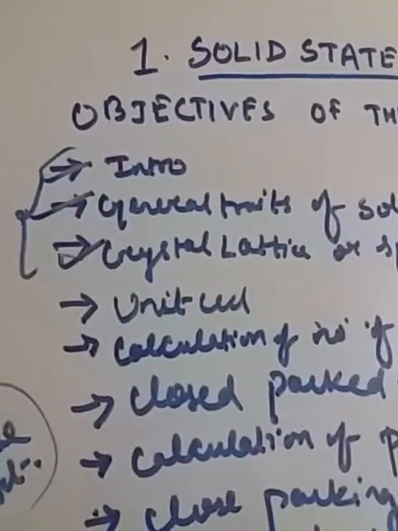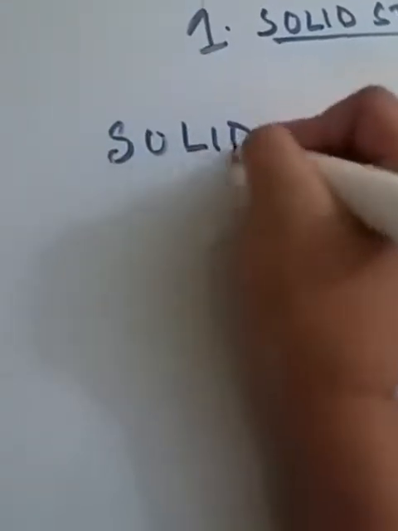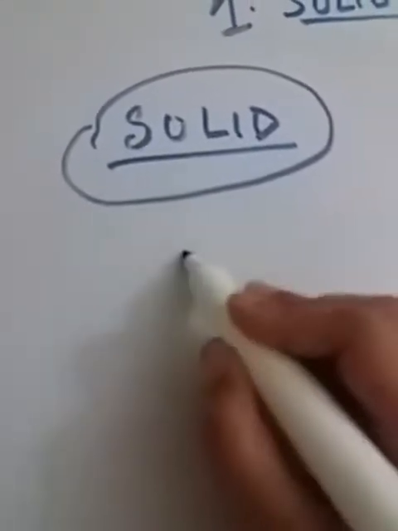So let's start. As you know from this chapter, solid state, we will read about solid. What is it? Any solid thing means something whose molecules or atoms or constituent particles are tightly packed in its structure.